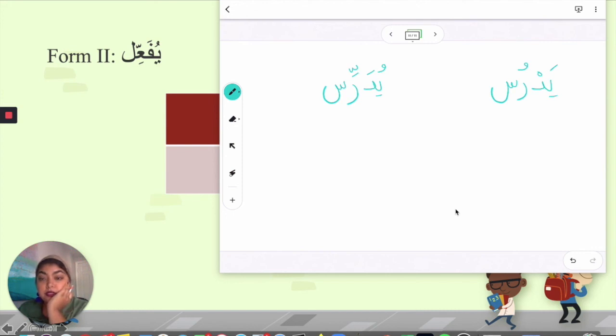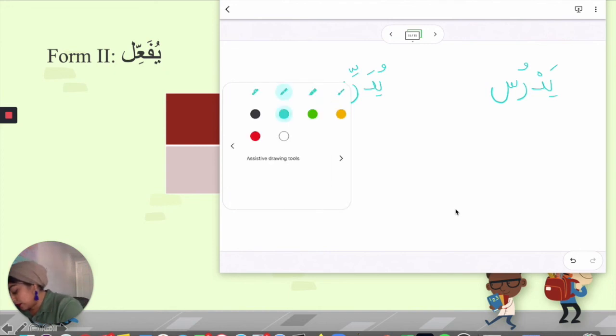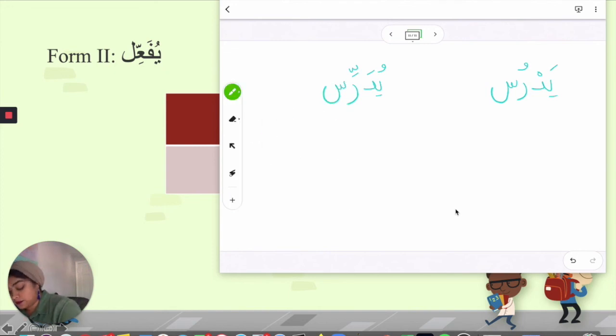Yadrus, yudarris. Yadrus follows the pattern yaf'ul. Yudarris follows the pattern yufa'il. This is form 1. This is form 2.